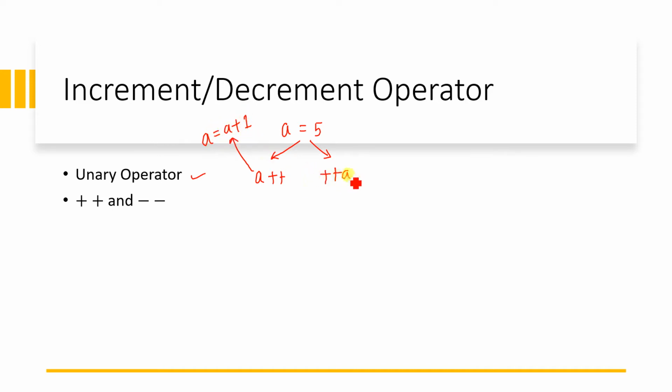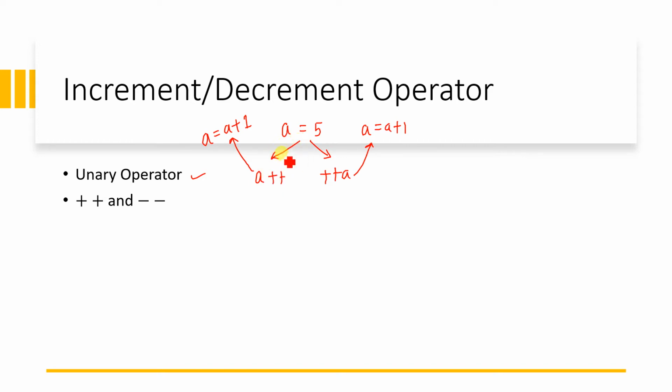Similarly, the compiler also executes this line as a is equal to a plus 1. So the execution process is similar even if it is written after the variable or before the variable. Got it? So this is equivalent to the increment operator, that means increasing the previous value by 1.